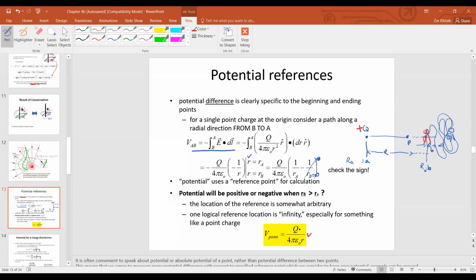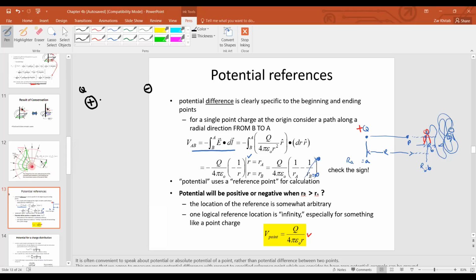So now we have a case. From the theory of the last lecture and this little definition here, we can transform it this way. Say we have this positive charge, Q. Suppose we have this negative charge here.